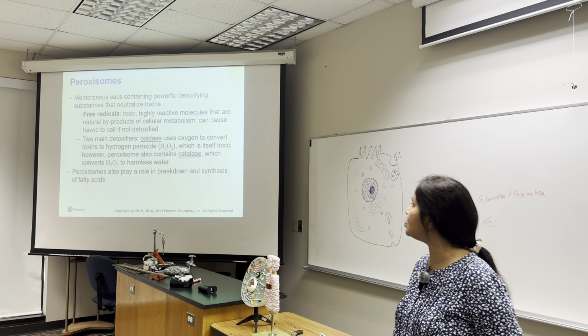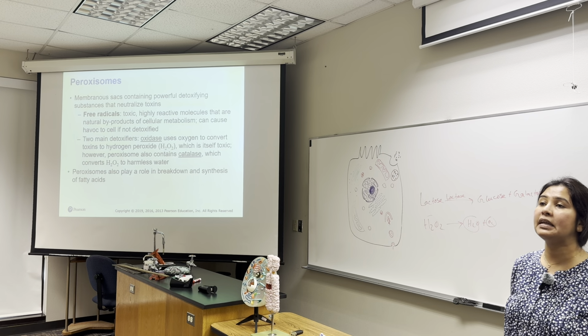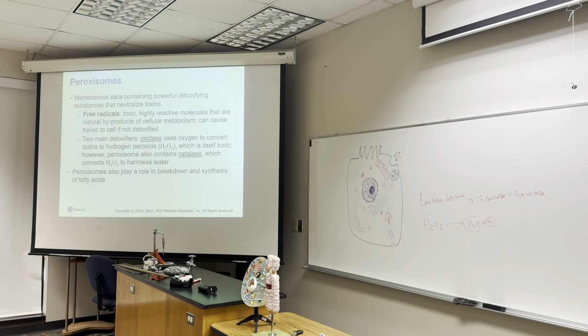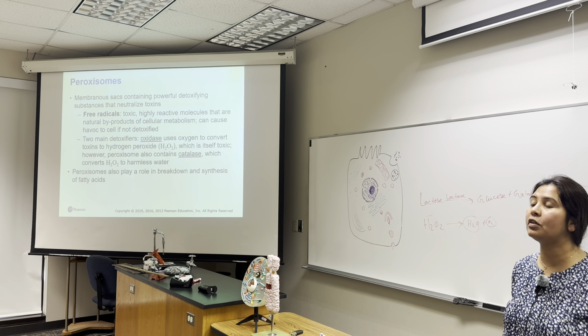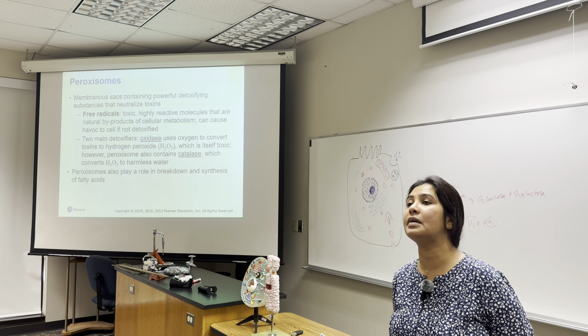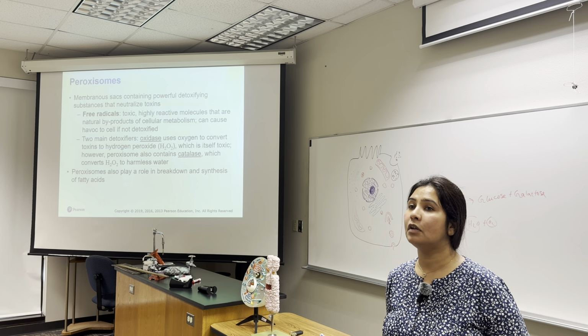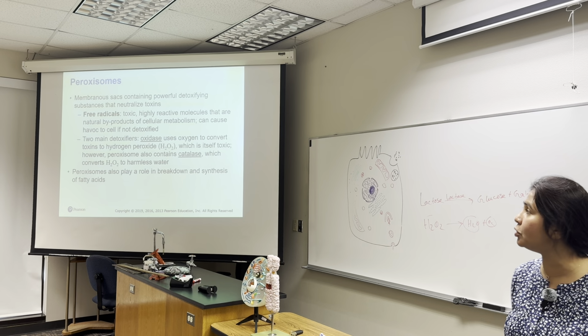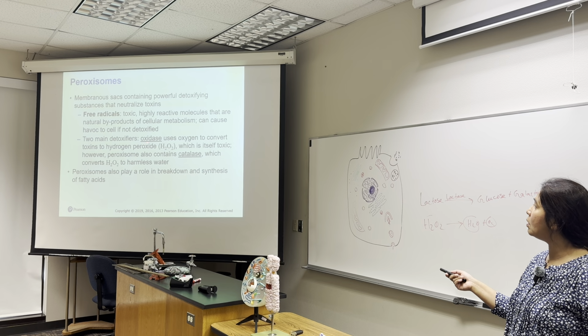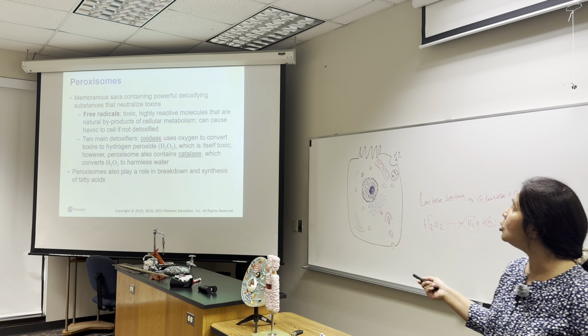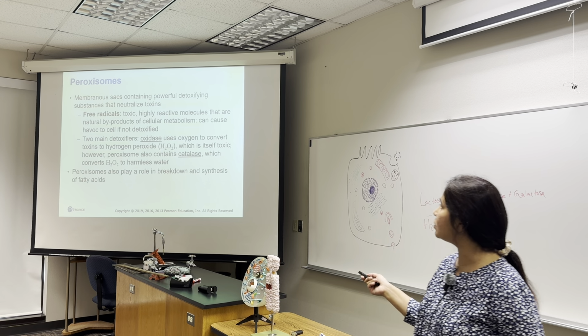Peroxisome. So everyone knows what happens in the peroxisome. In your cell, while you are generating ATP and doing all this function, you are generating some toxic molecules. So to detoxify those, you have some enzymes called the oxidase and the catalase, so that you can actually detoxify the toxic molecules.